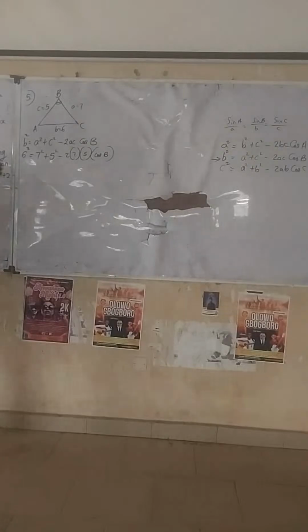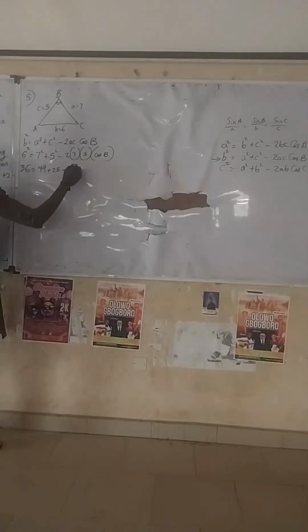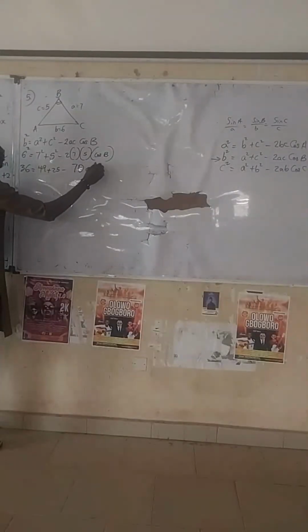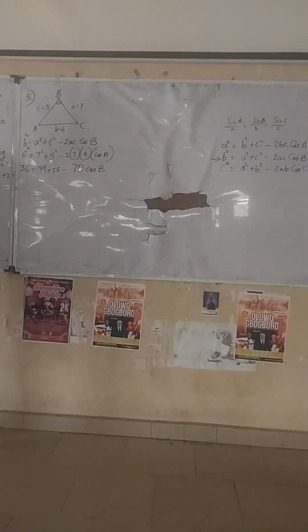So 6 squared will give us 36 equals 49 plus 25 minus 70 cos B, right? Okay.